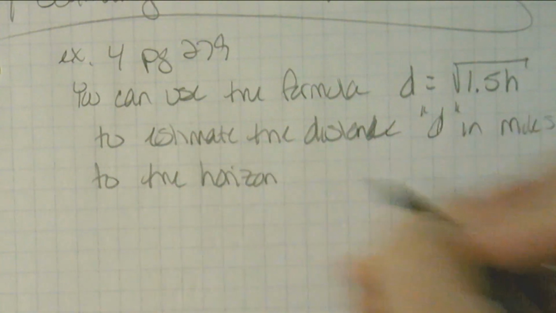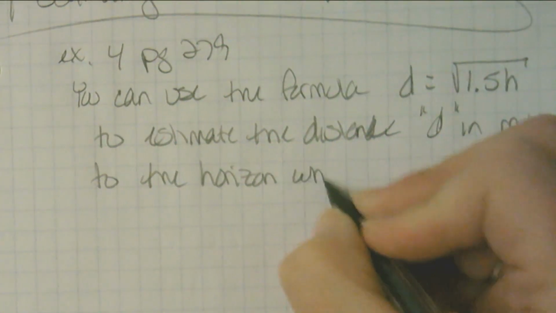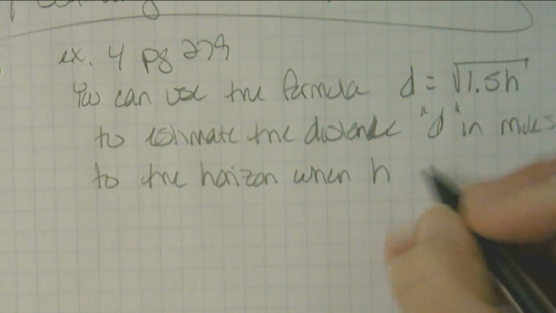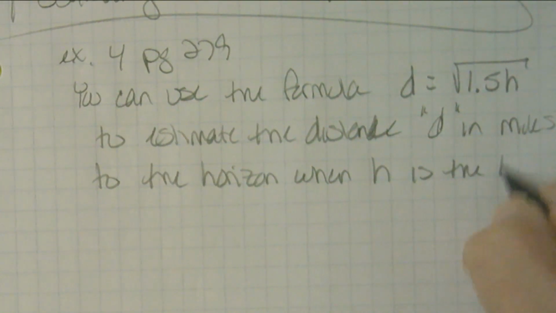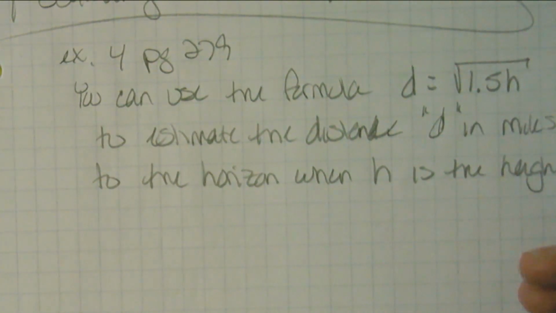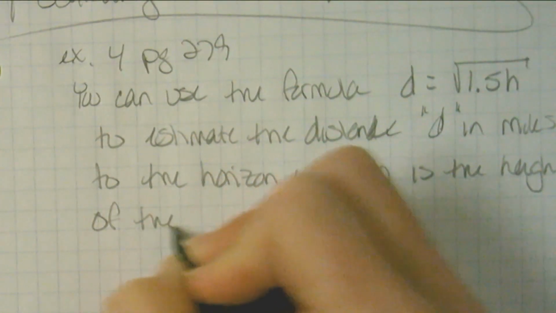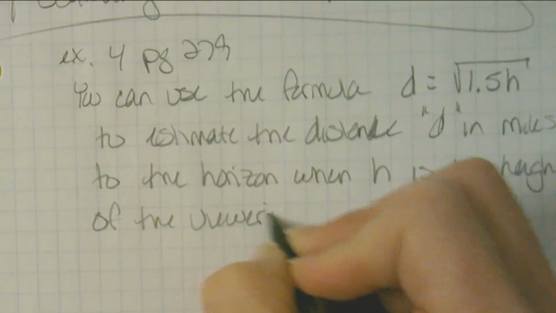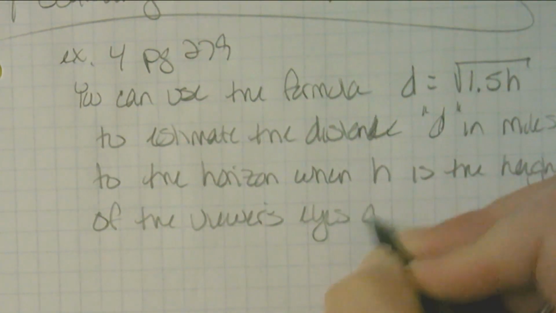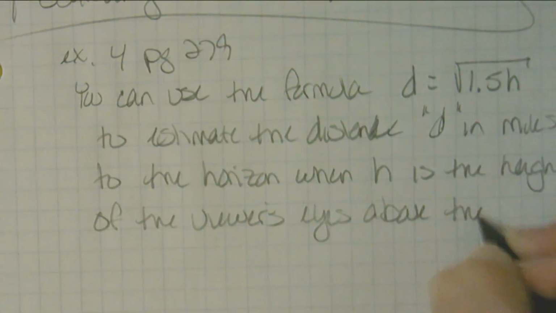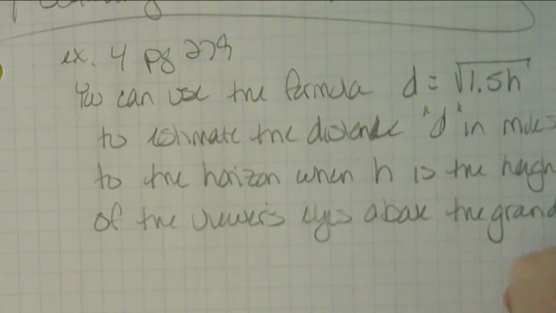So you're looking at something on the horizon, where h is the height of the viewer's eyes above the ground.